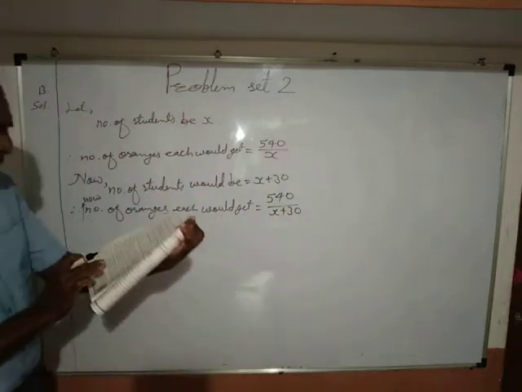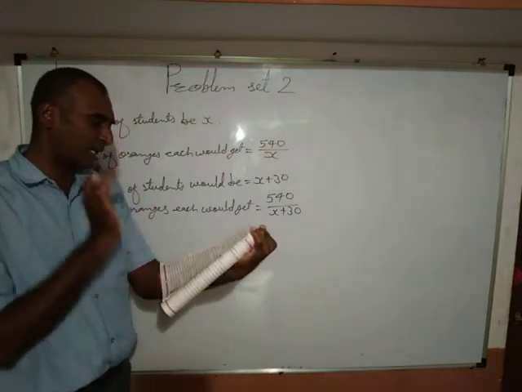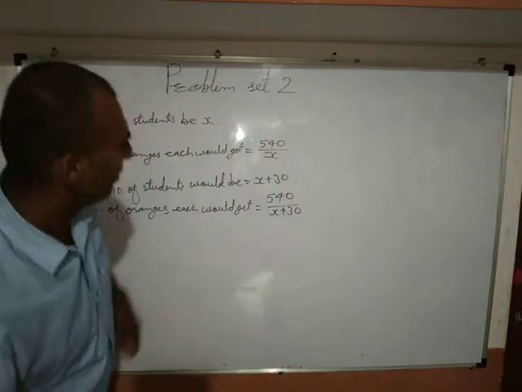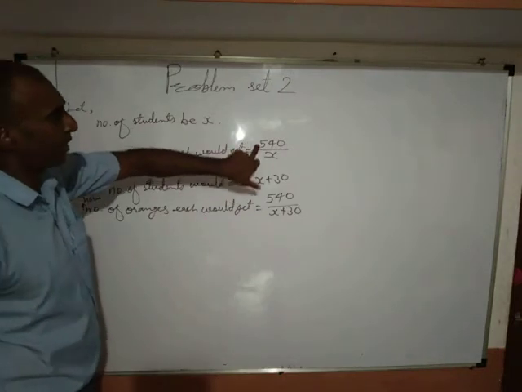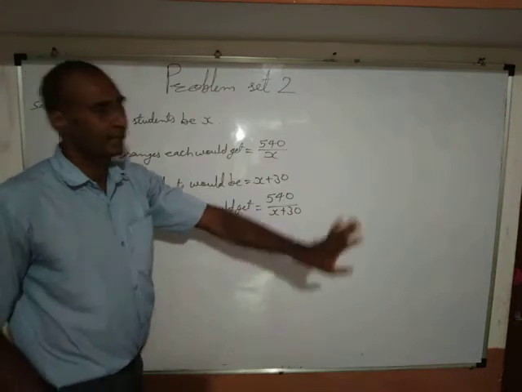And according to given information, if 30 students were more, each would get 3 oranges less. Means difference between 540 upon x and 540 upon x plus 30 is 3.